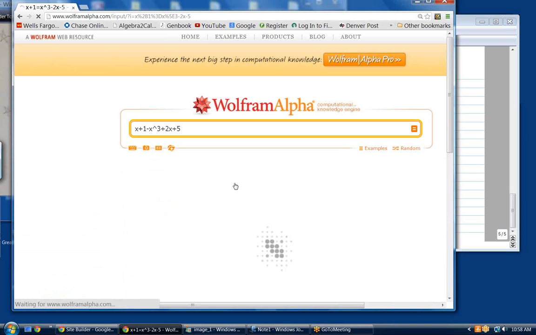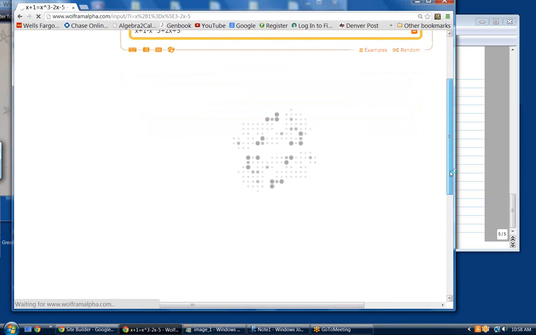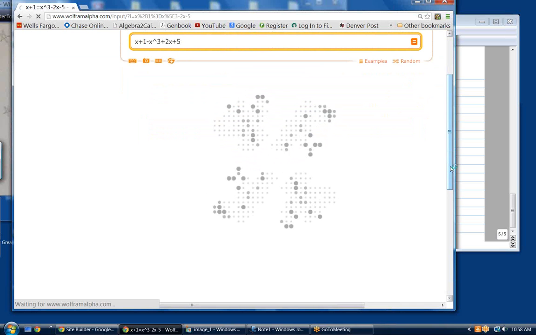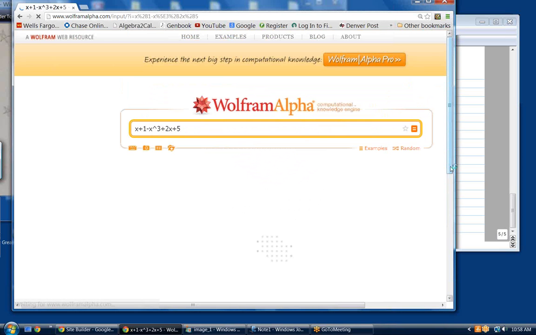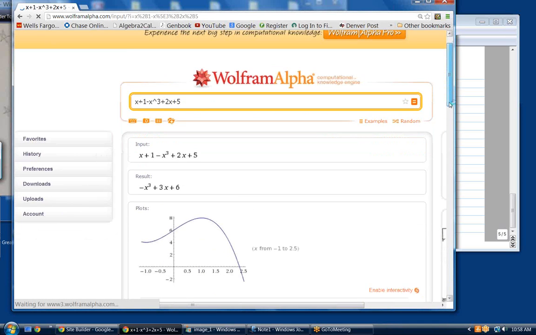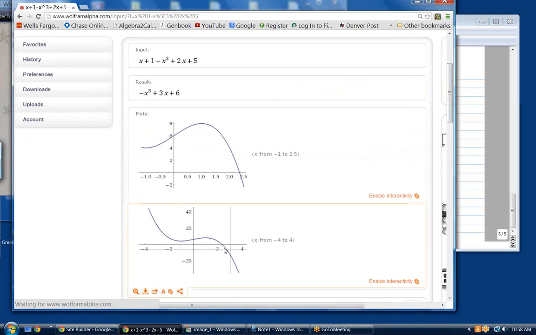Now if we plot this whole thing as a single function, it should cross the x-axis in one spot only, and that will be its zero. Right there. Yeah, that looks right. Same number, 2.355.